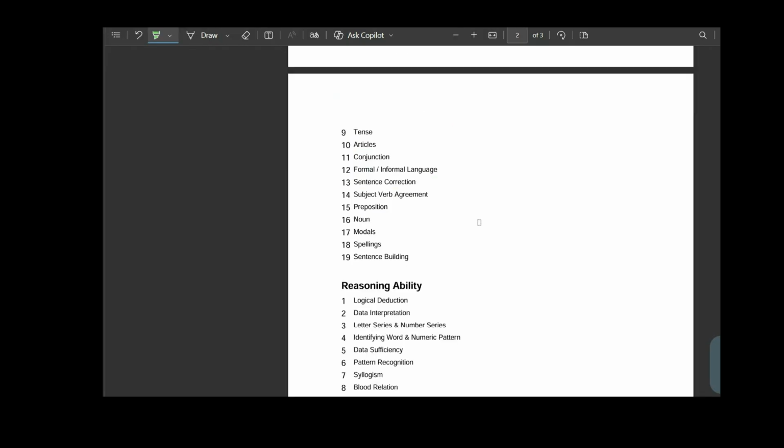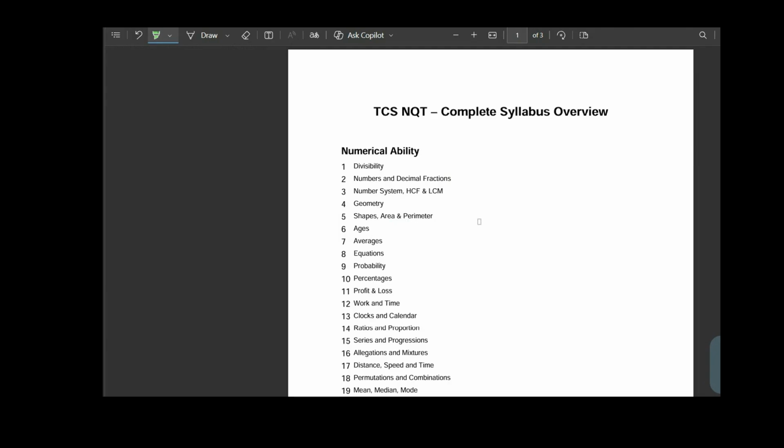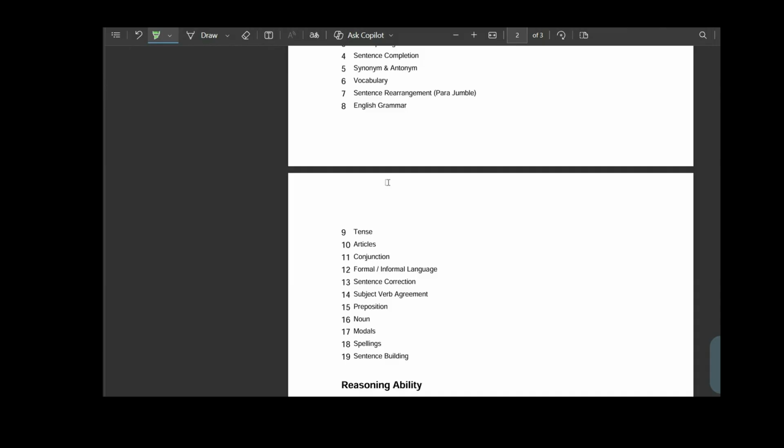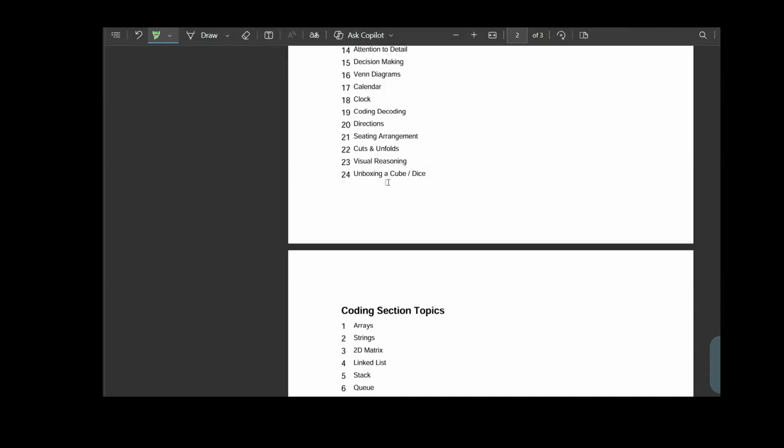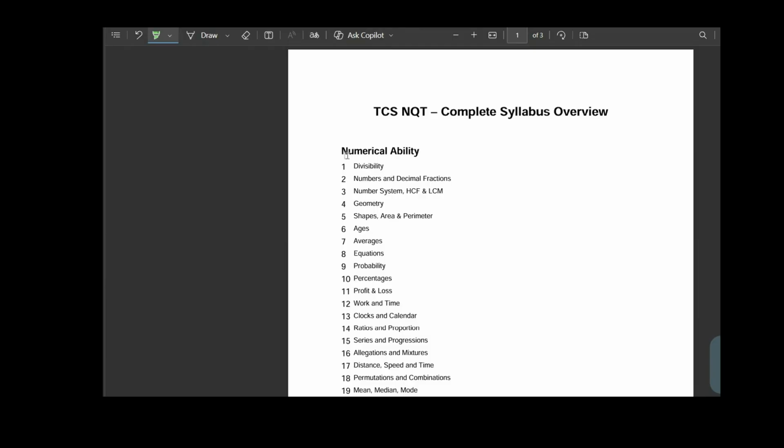Now let us look at the numerical ability section. This section mainly focuses on testing your mathematical reasoning and quantitative problem solving skills.